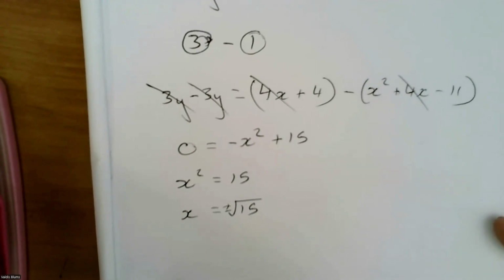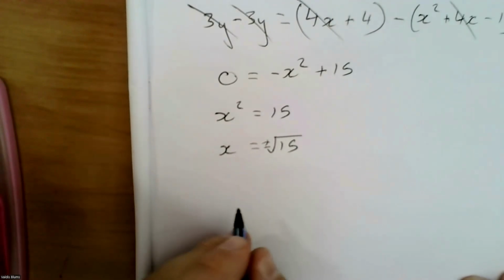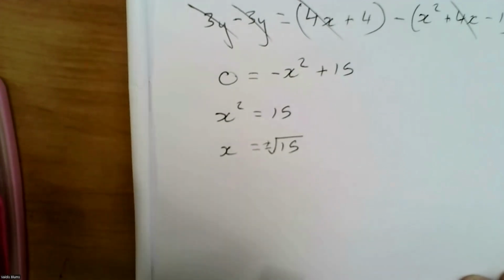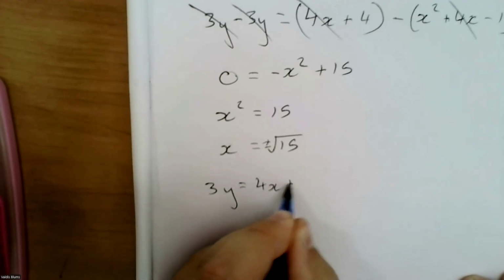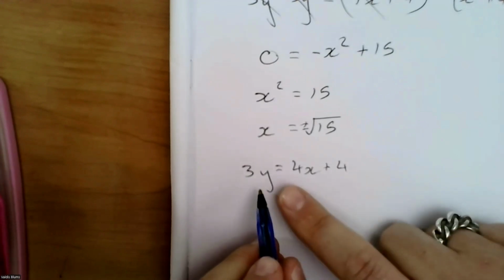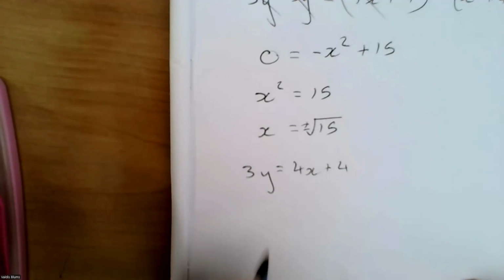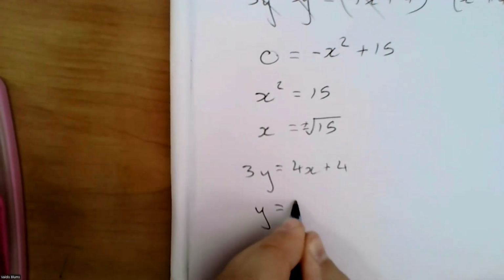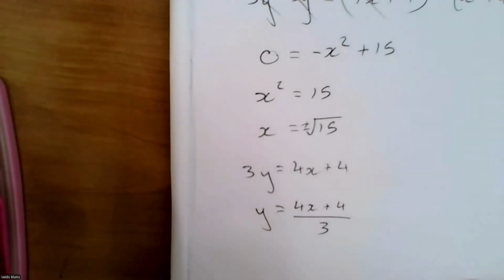Now I plug this x value into either of my equations. My simplest equation to use is probably the 3y is equal to 4x plus 4 equation. So 3y equal to 4x plus 4, where I need to actually have y by itself. So I do need to divide by 3 on everything. So y is equal to 4x plus 4 over 3.